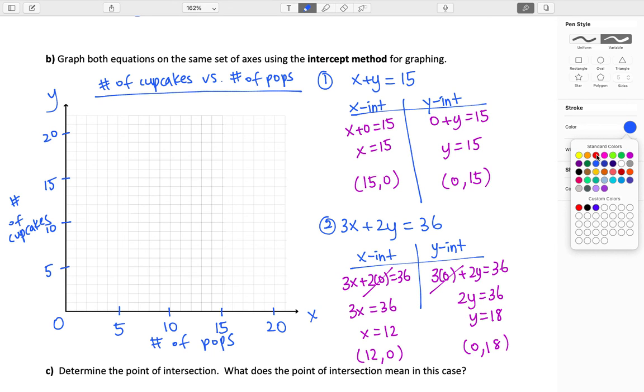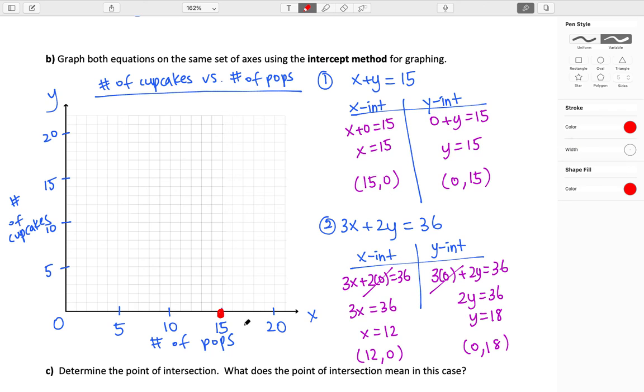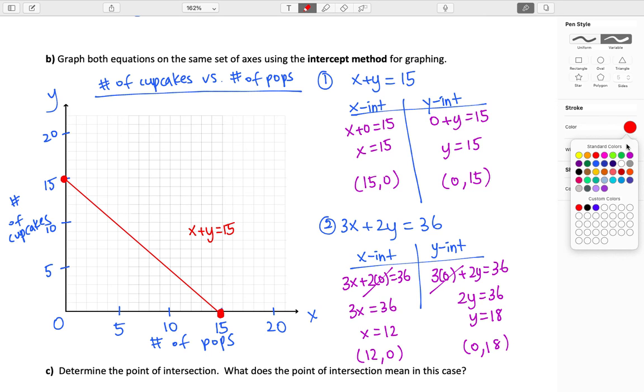Let's label. So for the first equation, it's at 15, 0, x-intercept, and my y-intercept. So let's connect the points. This is x plus y equals 15. For the next graph, I have x-intercept at 12.